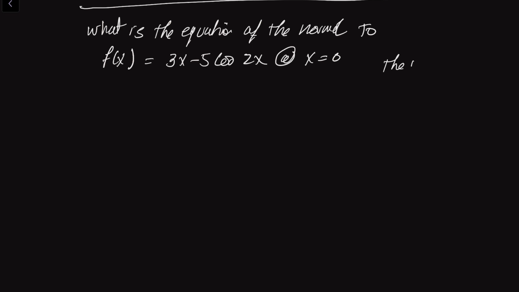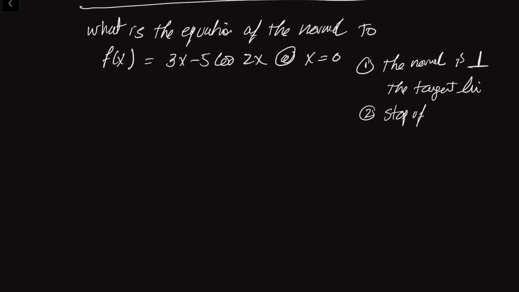What is the normal? It is perpendicular to the tangent line. Okay, so that's the first thing. The normal is perpendicular to the tangent line. And the slope of the tangent, m, is equal to minus 1 over m of the normal.